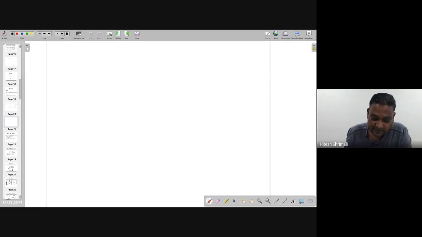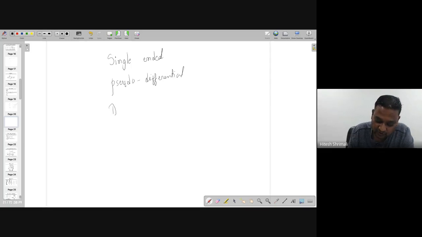Other than that, there are various kinds of configurations. One is called single-ended, one is called pseudo differential, one is called differential, and one is called fully differential.